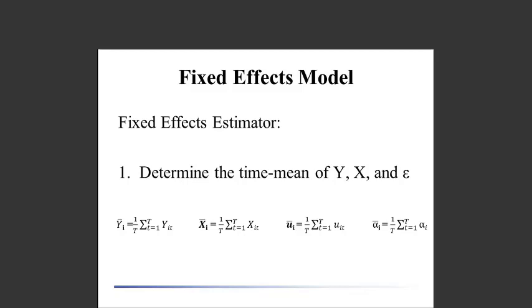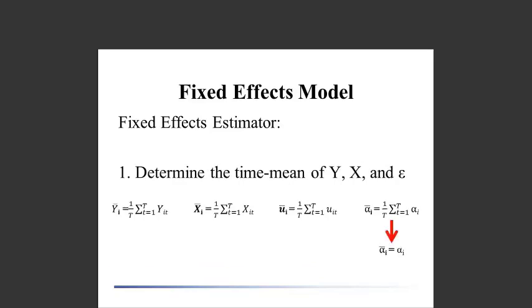And the time mean is simply the average value of each component for the ith unit over t years. So for the panel data we showed earlier, this would be like taking income for person 1 over the 3 years that we observed them, say 2010, 2011, 2012 in our example, and just taking the average income over those 3 years.